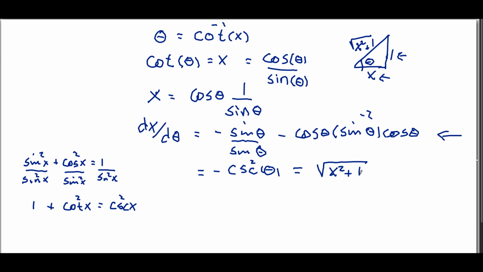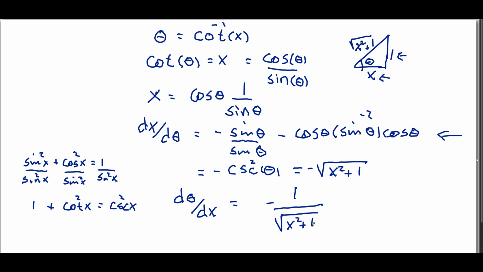But we have to have the negative sign there because we have minus cosecant. And then when we flip the theta dx is equal to minus 1 over the square root of x squared plus 1.